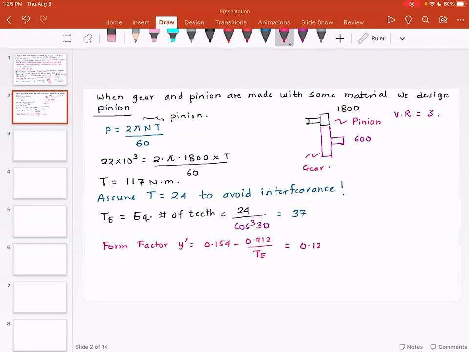The next thing is I'm interested in finding out the module. Before we proceed, I just want to talk about the equation that we are going to use to find the module. The equation is the WT equation, which is sigma naught times CV, the velocity factor, multiplied by b, multiplied by pi, multiplied by m, and multiplied by Y prime.